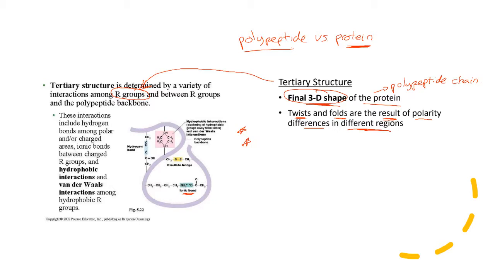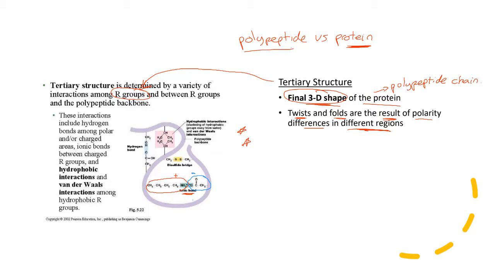This is one amino acid that has a positive charge and is being attracted to this other R group of another amino acid that has a negative charge. Do positive and negative attract each other? Yeah, they do. See how the polypeptide chain is interacting? It has to do with the R groups.